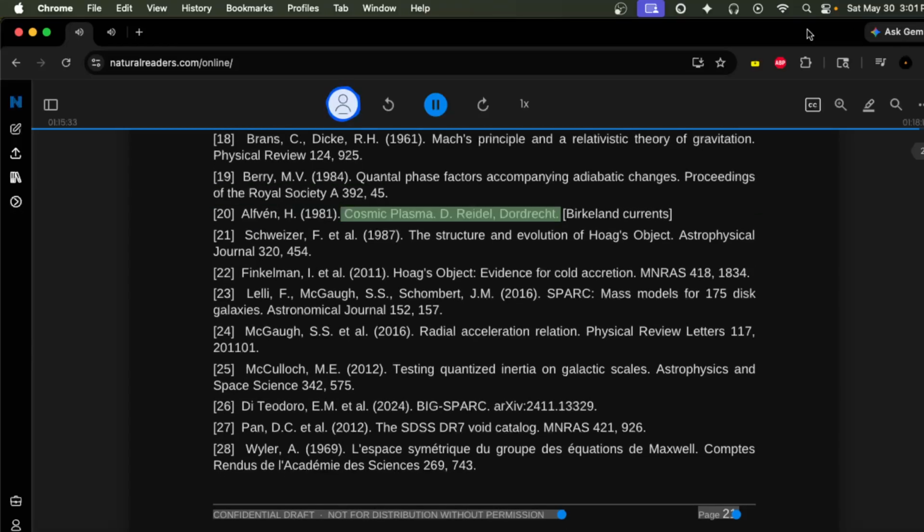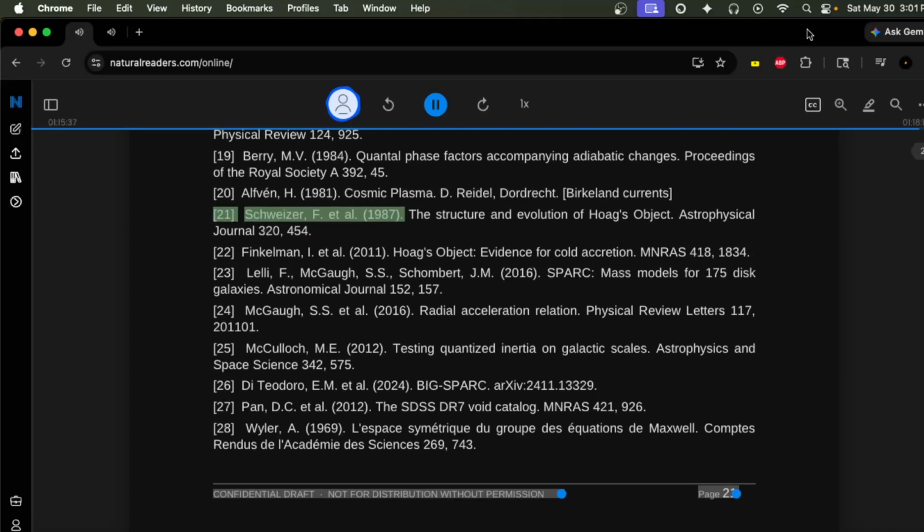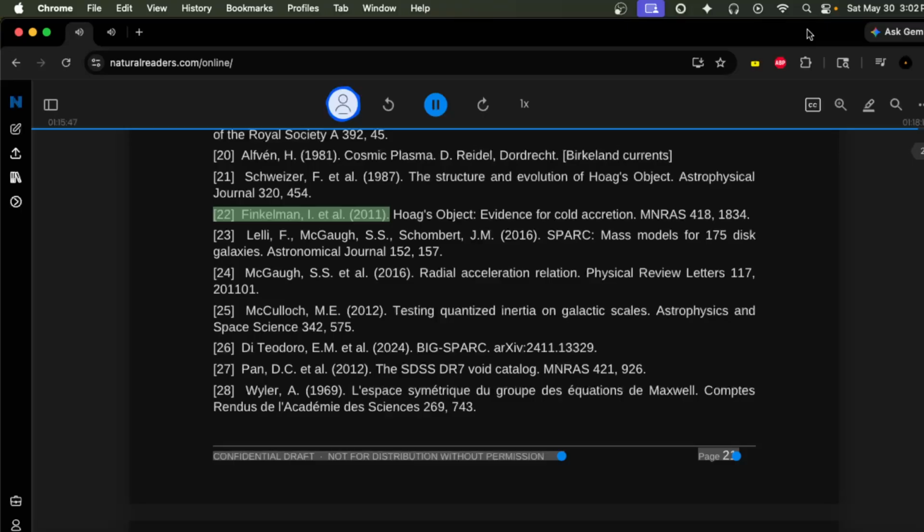Alfvén, H. Cosmic Plasma, D. Riedel, Dordrecht. Schweizer, F. et al. The Structure and Evolution of Hoag's Object. Astrophysical Journal 320, 454. Finkelman, I. et al. Hoag's Object, Evidence for Cold Accretion. MNRAS 418, 1834.